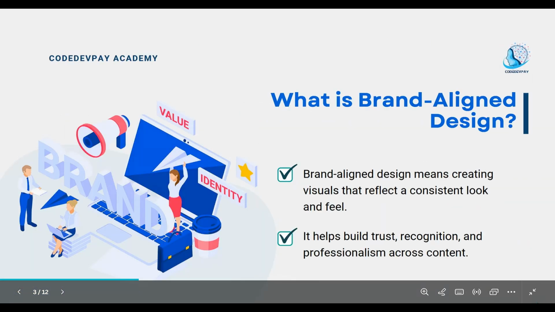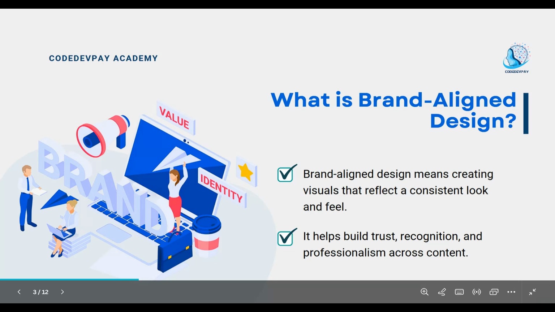So what is a brand? When we talk about brands, most people talk about logos. But a brand goes beyond only logos. In graphic design, when you talk about brands, you are talking about logos, fonts, graphics, pictures, and other stuff.